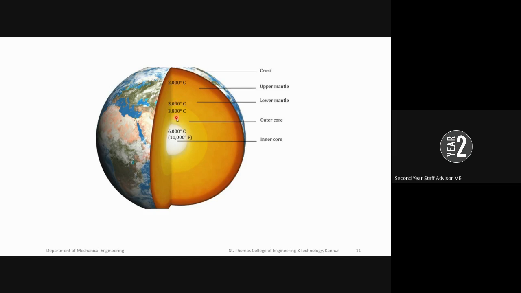This hot rock will be transferring the heat to the underground water. This underground water will be getting heated, or it will become hot water. So by understanding the geographical region where this is there, we can utilize that energy.